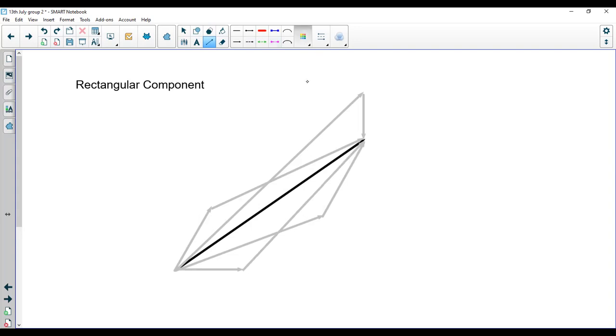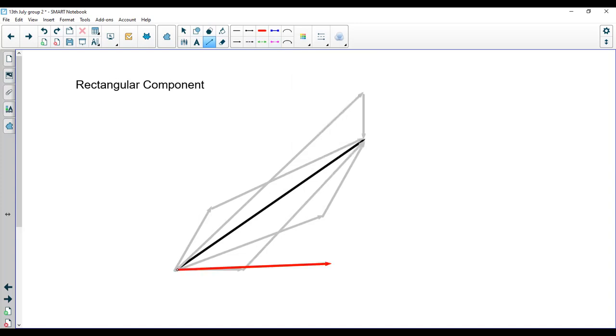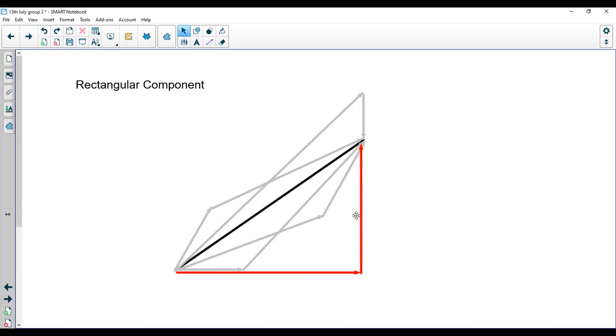But such two components which make an angle of 90 degrees with each other, these two red components, they are like one side of a rectangle, because a rectangle has all its angles 90 degrees.